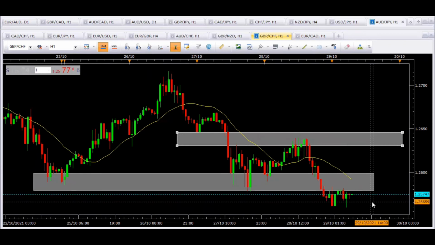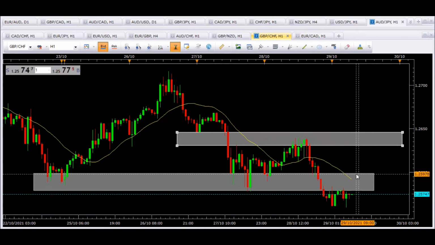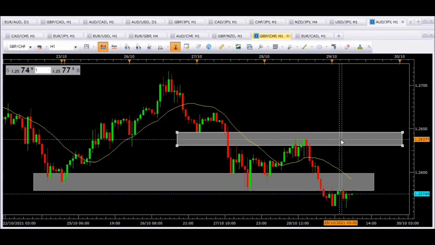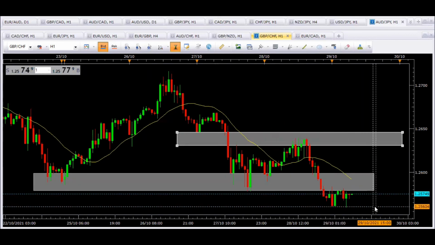Depends how much this trade needs to retrace before it goes lower. But yeah, we're shorting the sterling Swiss franc, and we're longing or buying the euro Canadian dollar only if this criteria is met.